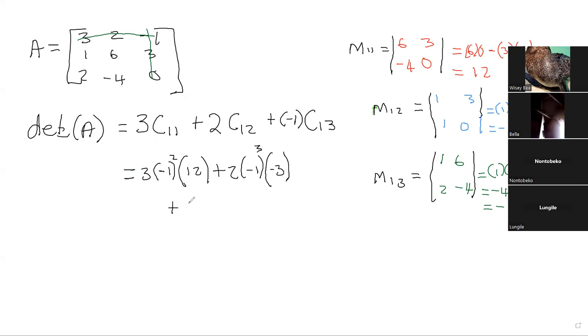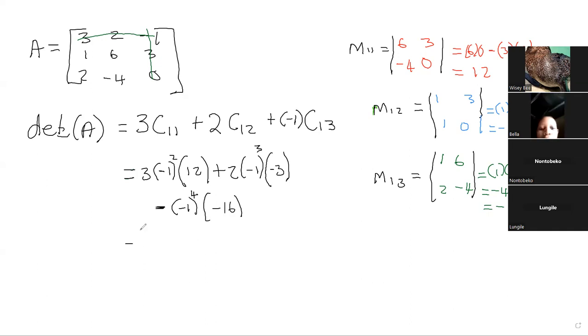Plus minus 1, which is this one. Let me just say negative. Minus plus plus and positive will be minus. Then the cofactor will be minus 1 to the power 1 plus 3, which is 4. And then M13 is minus 16.